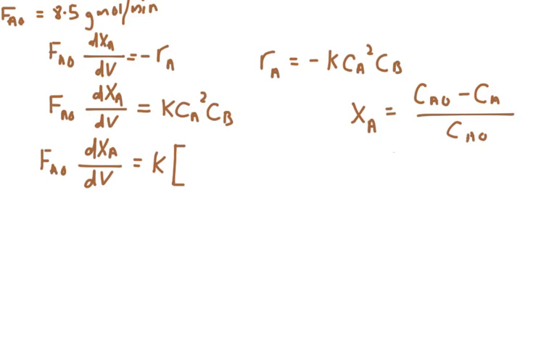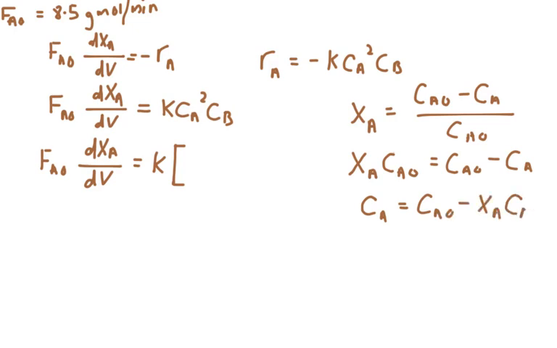If you do the necessary manipulations, you get Xa Ca naught equals Ca naught minus Ca. Now make Ca the subject of this equation, you will get Ca naught minus Xa Ca naught. Since Ca naught is the common factor, you can take it out and get 1 minus Xa. So you can express the term Ca using Ca naught 1 minus Xa.